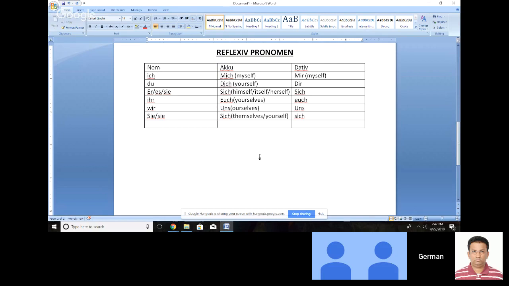Now, as I mentioned, there are a few verbs which take reflexive. Let's list a few of them.